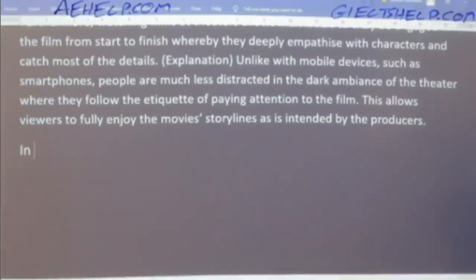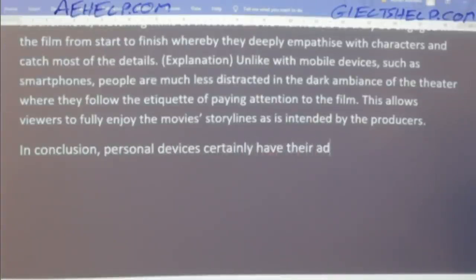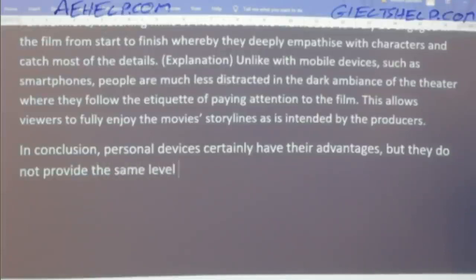So in conclusion, mobile or personal devices certainly have their advantages, but they do not provide the same level of experience for movie fans as theaters.